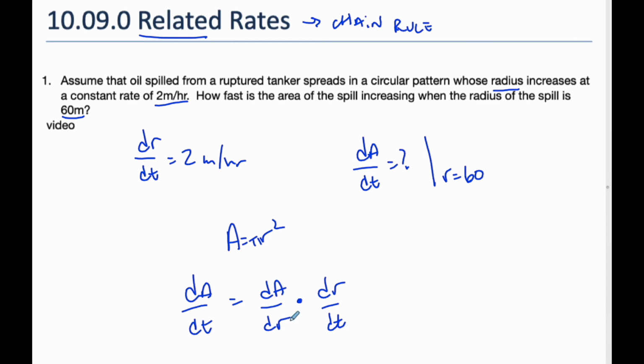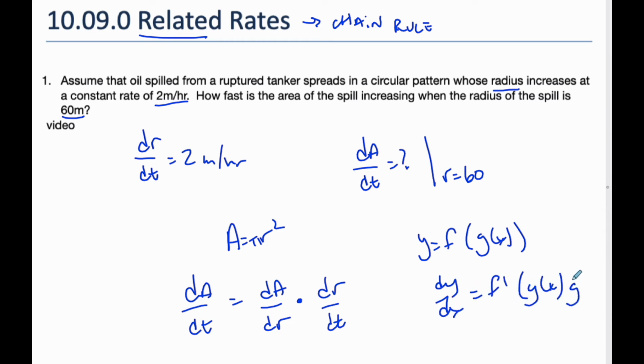We've seen the chain rule also when it looks like this, f of g of x, where dy/dx is equal to f prime of g times g prime of x. But this is another way to think of the chain rule. I take the derivative with respect to r, and then I take the derivative of r with respect to t.